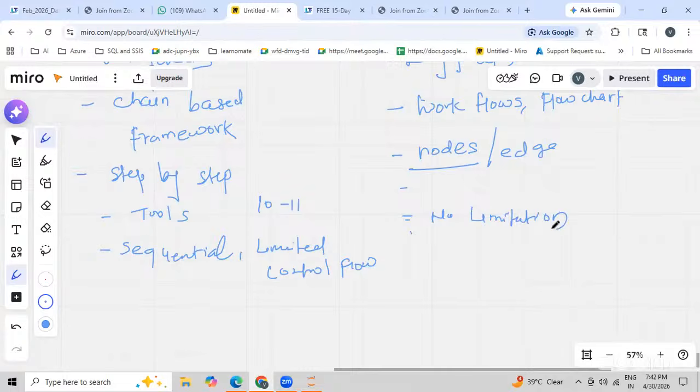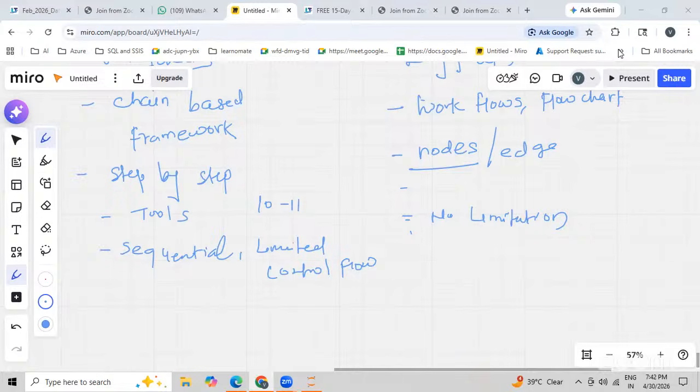If in a certain scenario we have a complex problem or complex prompt, then building your model with LangGraph is not that difficult compared to LangChain.